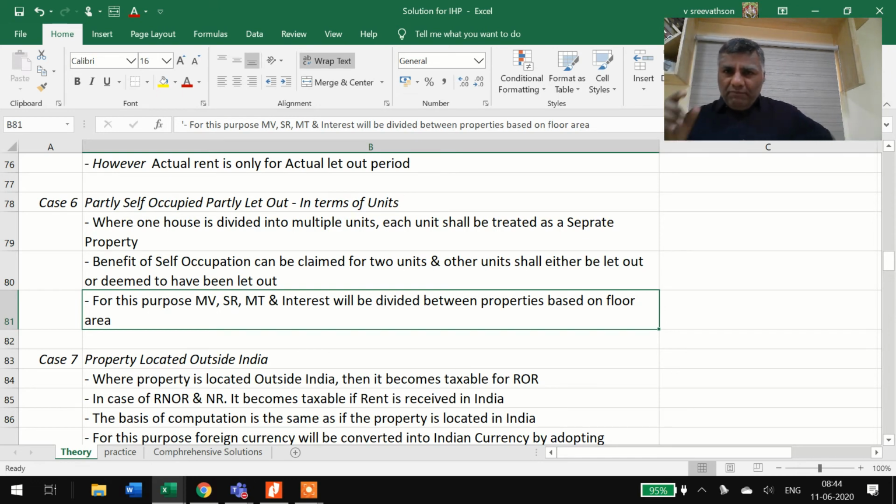So we have to work out separately for the let-out property, where we have the actual rent minus unrealized rent, which will give us the net actual rent, and then vacancy allowance, municipal taxes, all things are available.